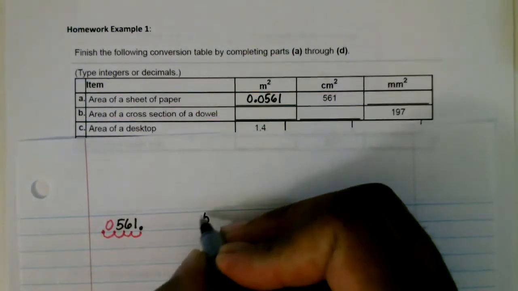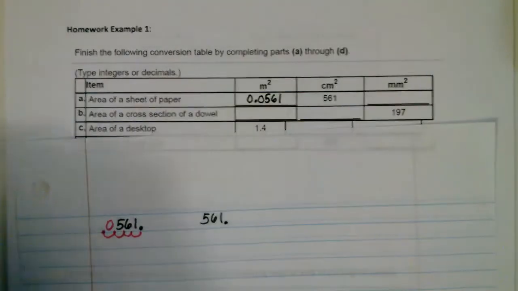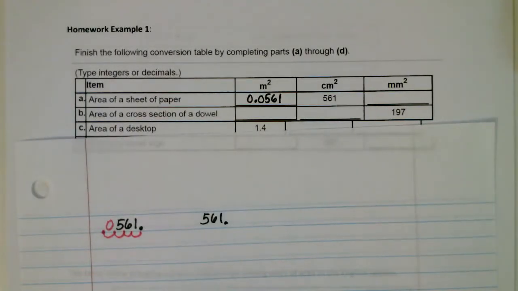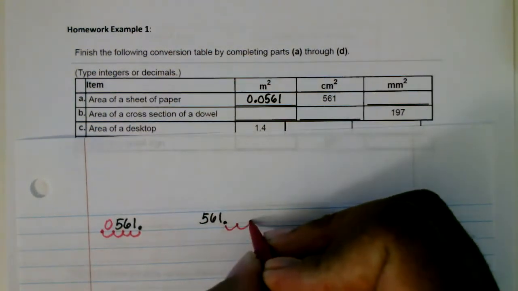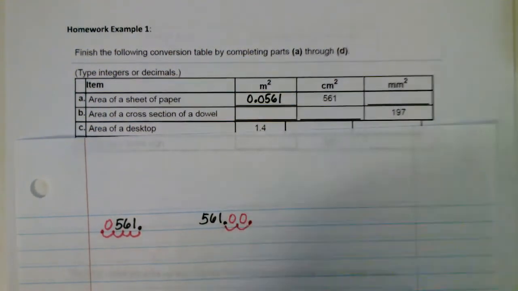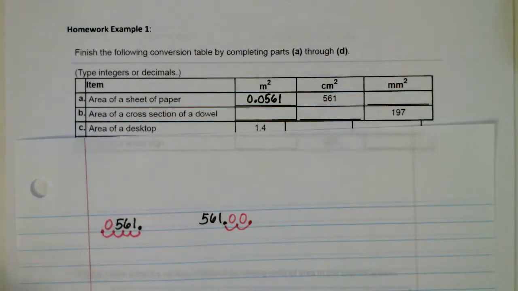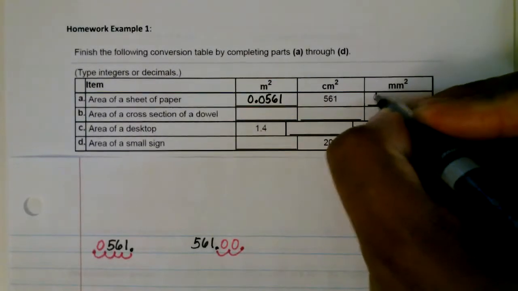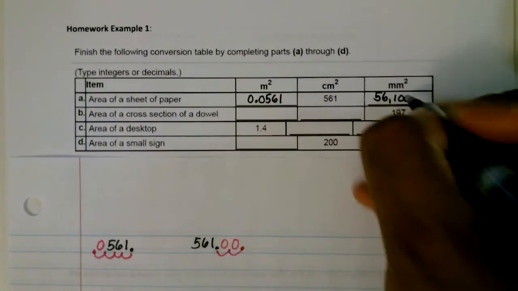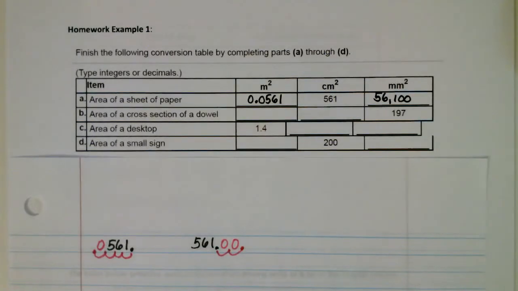In 561, the decimal point is here. We're going to move that decimal point 2 places to the right, so it'll be 1, 2, and then we have to add 2 zeros there. So this will be 56,100. It'll be 56,100 square millimeters when we convert from 561 square centimeters.